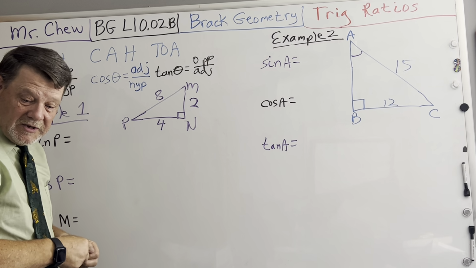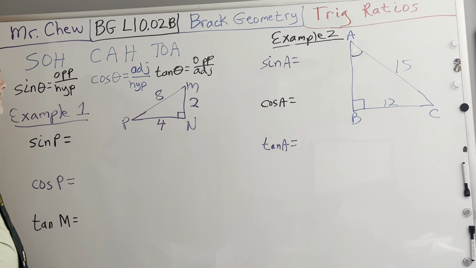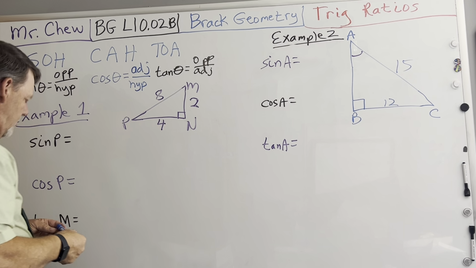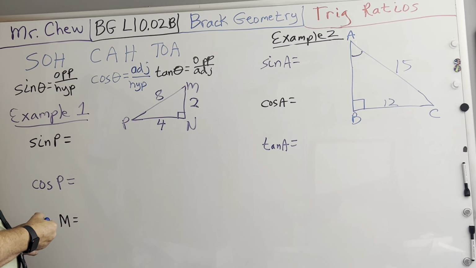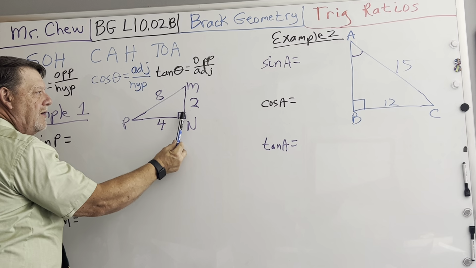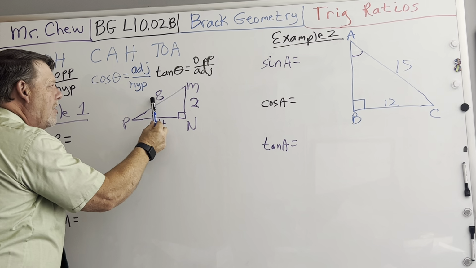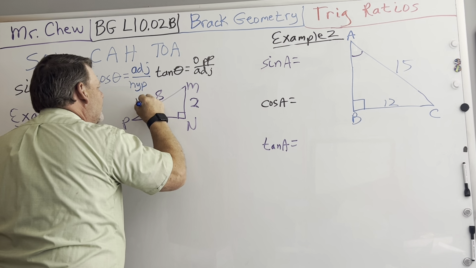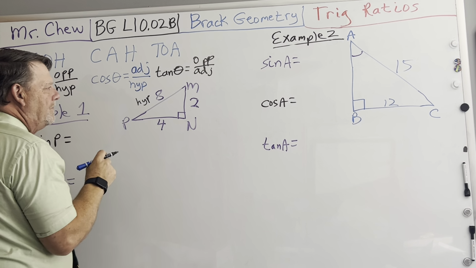So now let's look at some examples here. Example 1, which was originally 2, and I've shortened the video a little bit because it was way too long. If I have this right triangle, I know it's a right triangle because of this right angle here. I know that this side over here is the hypotenuse, opposite the right angle.